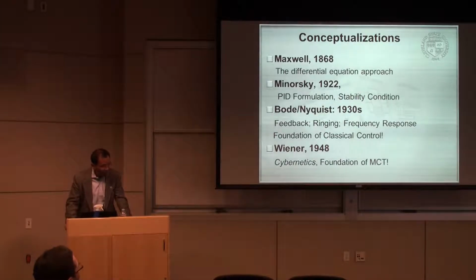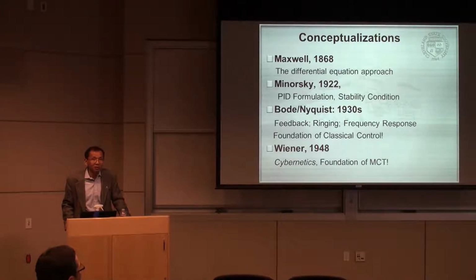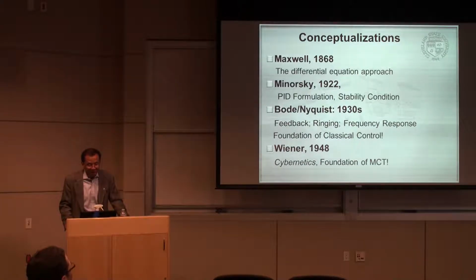So in terms of conceptualization, it started with James Clerk Maxwell in 1868. In 1868, he wrote the first paper in control on governors, and he was a pioneer. He found that a control system or dynamic system can be understood through differential equations, and he pioneered that approach. I mentioned Minorsky in 1922, and he gave the PID formulation and stability conditions.